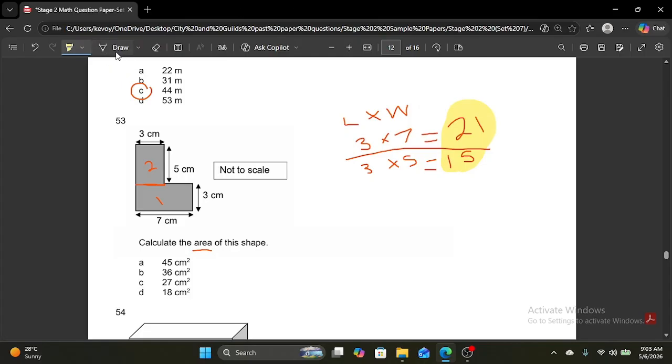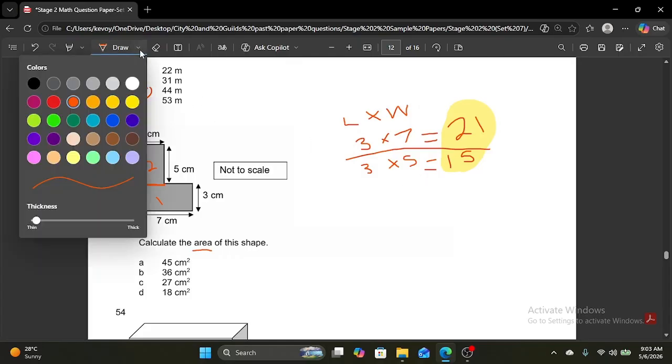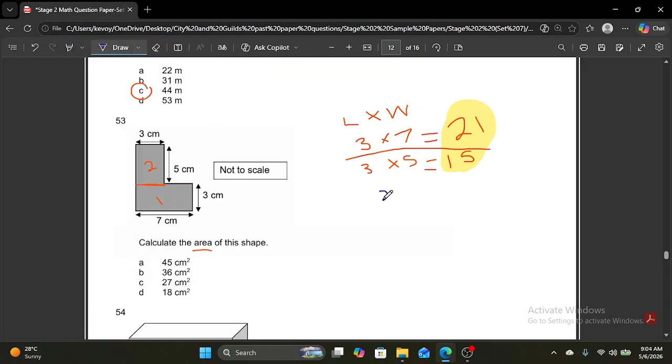So let's add them quickly. Let me change the color, blue. So 21 plus 15, and that's equal to 5 plus 1, 6, 1 plus 2, 3.